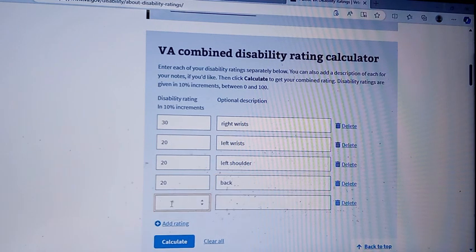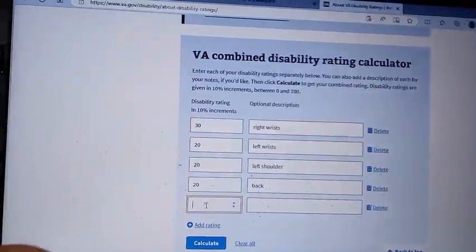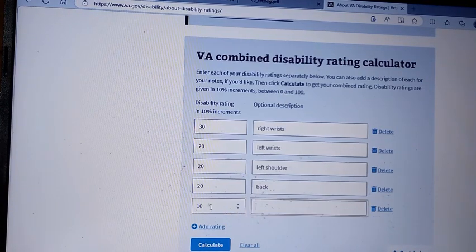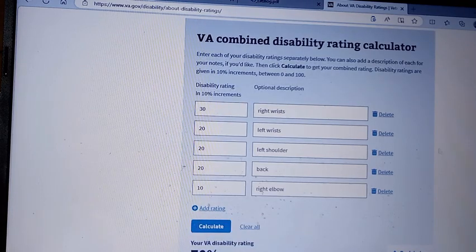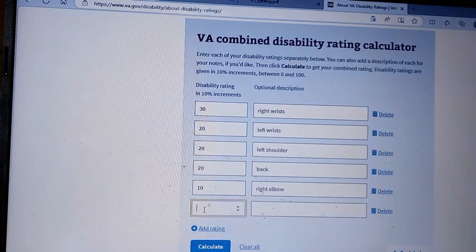Add rating. And I would have to keep hitting calculate every time I did this. 10% right elbow. I'll go ahead and hit calculate, see what it takes me to. 70%. Add rating.